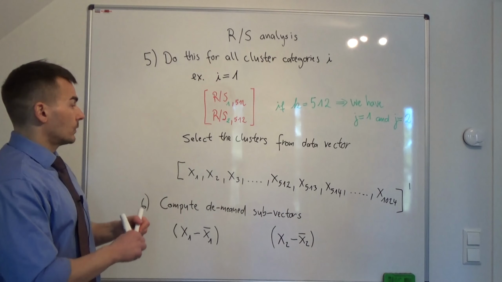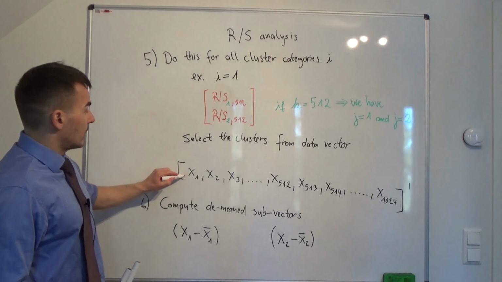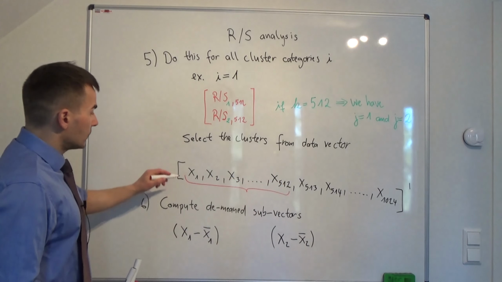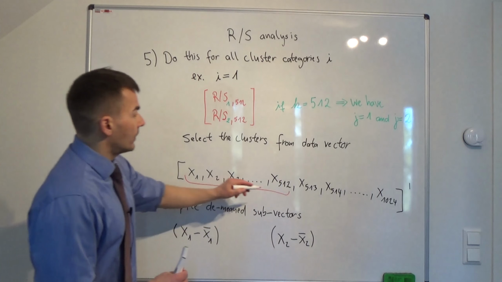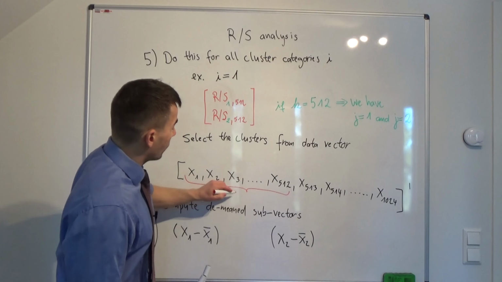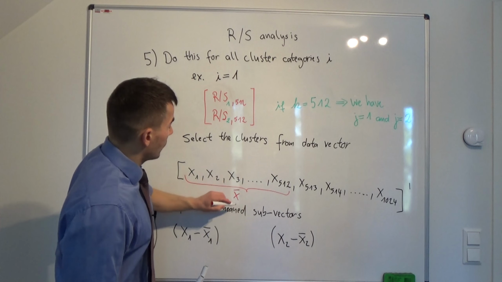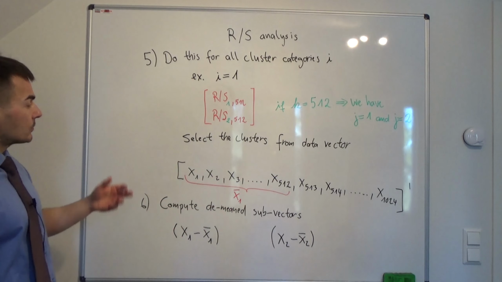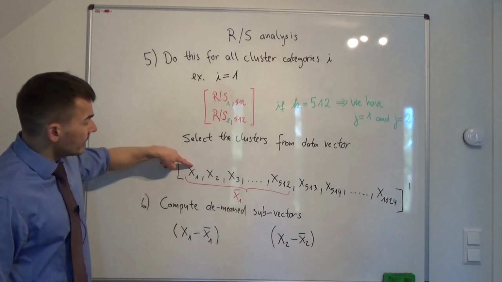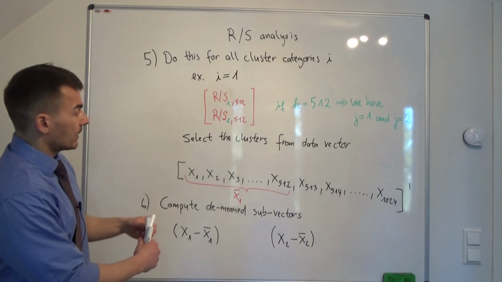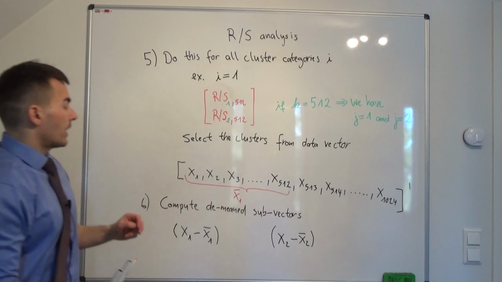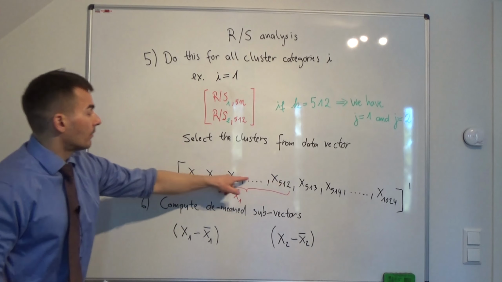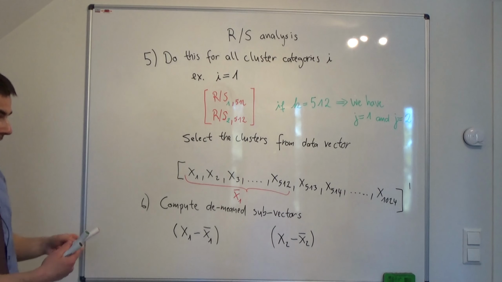So what we do first is we take the first 512 observations here. And what we have to do is take the sample average of that vector. Let's denote it as x bar 1. Then we have to subtract from each single element in that subvector the corresponding sample mean of that subvector.